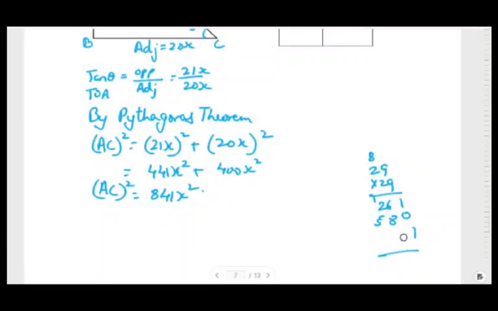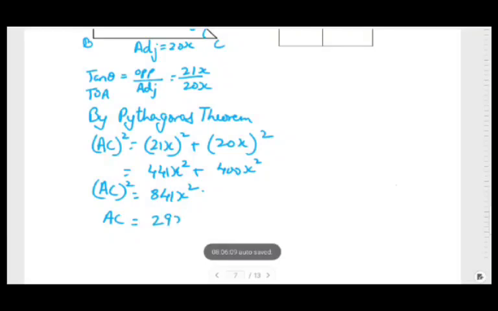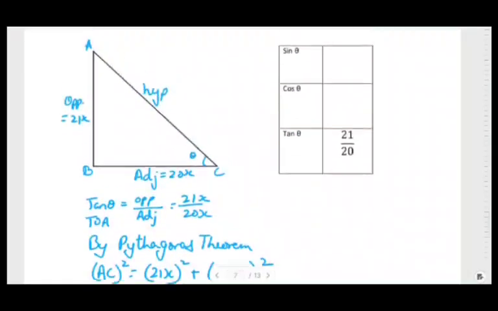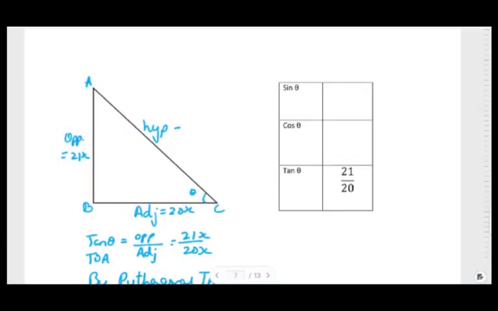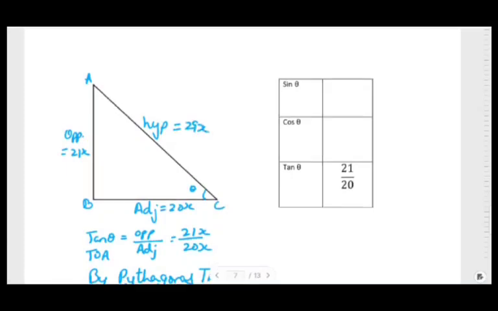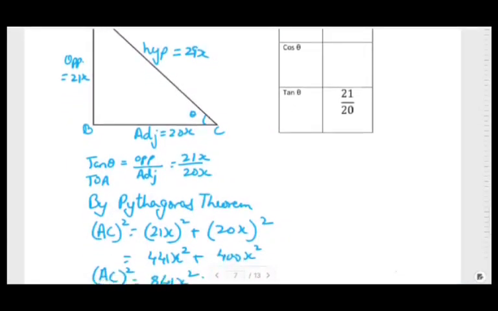Perfect. So it's 29 square. So AC is equal to 29x. So I get my hypotenuse as 29x. Cool.